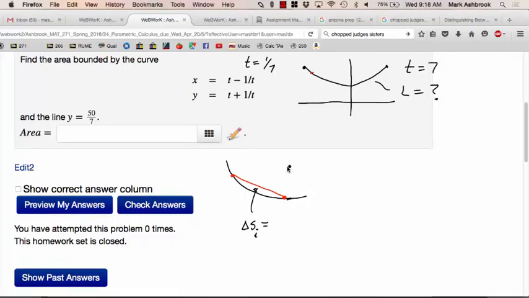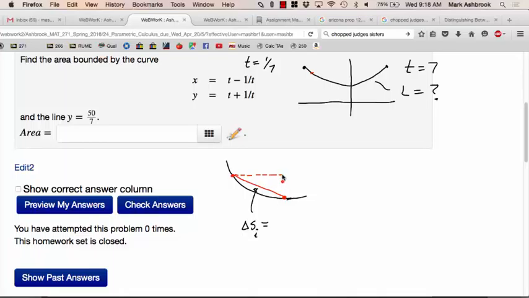No, but that's what we're deriving. We're deriving an arc length formula. So we started with a little tiny line segment. How do we find the length of that line segment? And the distance formula comes from the Pythagorean theorem, right?